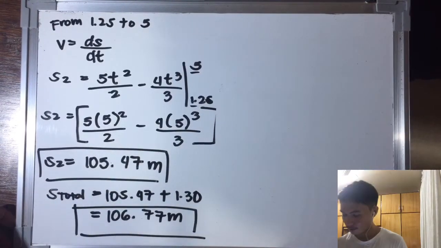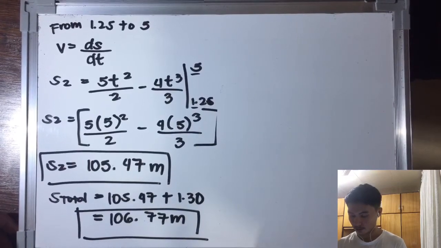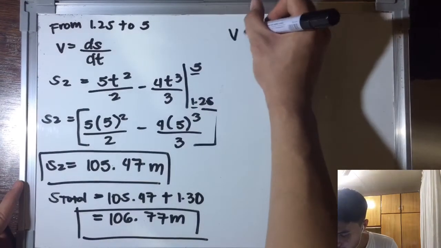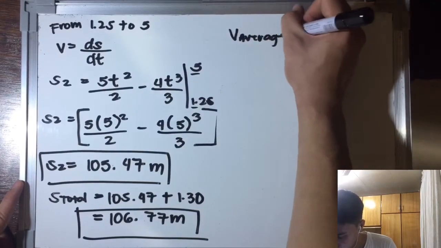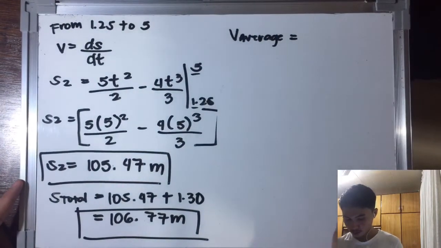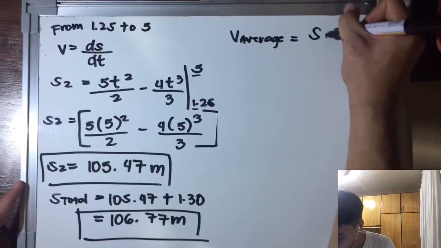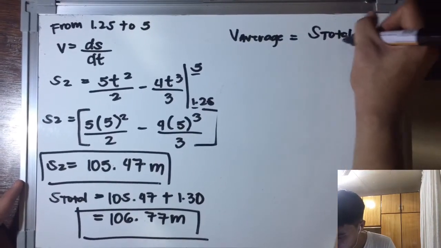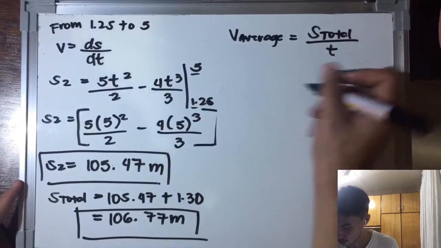So another requirement in this problem is the average velocity. In order for us to get the value of our average velocity, we are just going to simply divide the total distance by the given time, which is the 5 seconds.